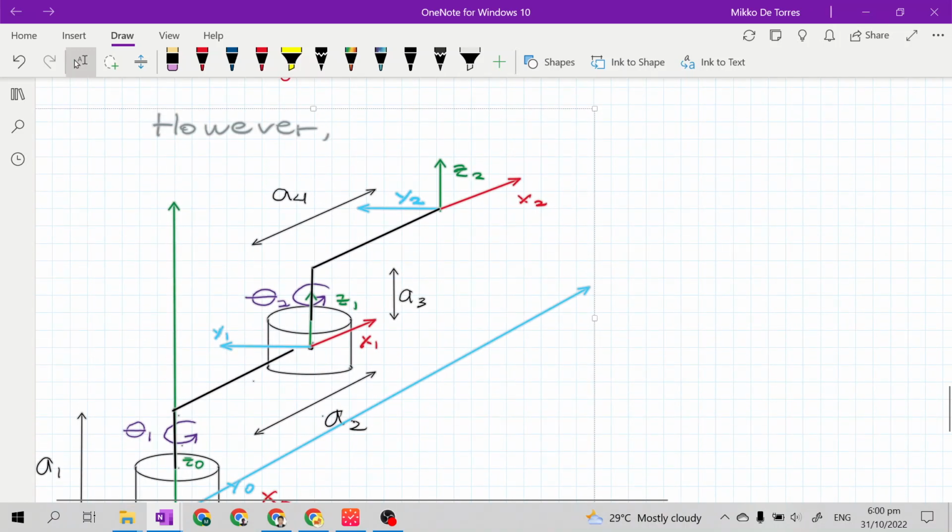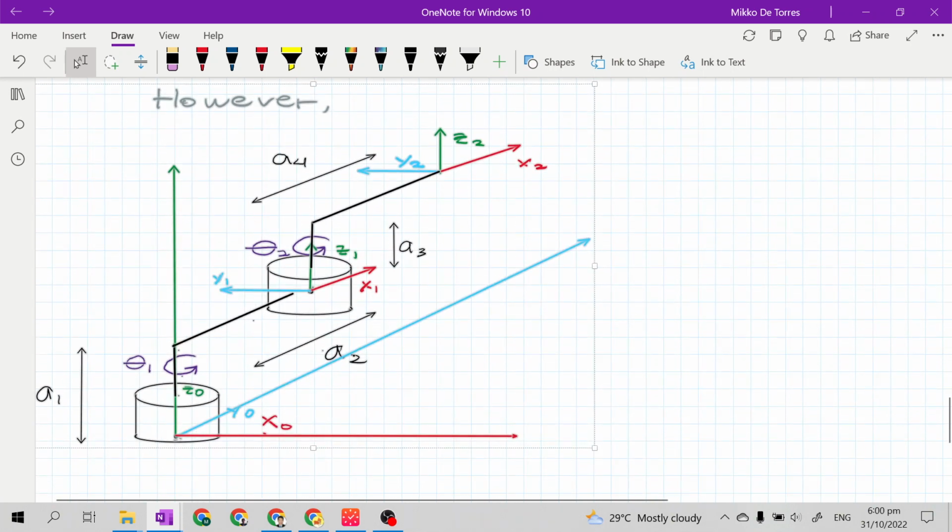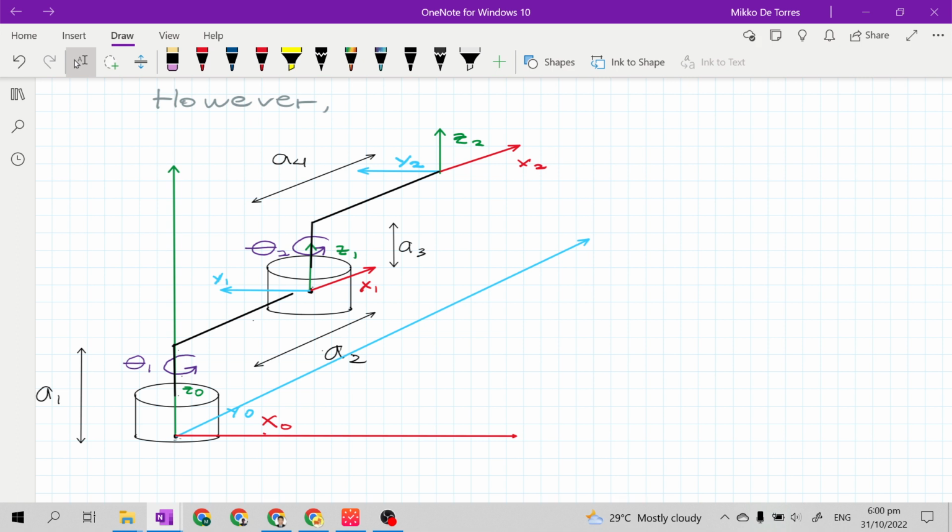It changes position. As you can see, if theta 1 has a value, it can move frame 1 to another position. So frame 1 changes its position. As frame 1 changes its position, the joint changes its position. The link length a sub 2 changes position. Now it is at the axis of y sub 0.